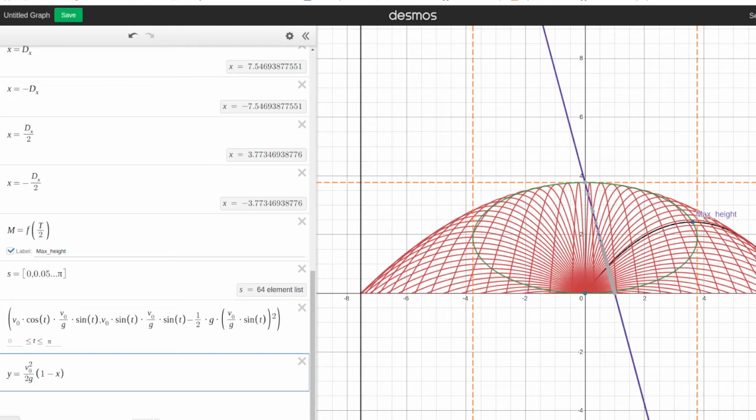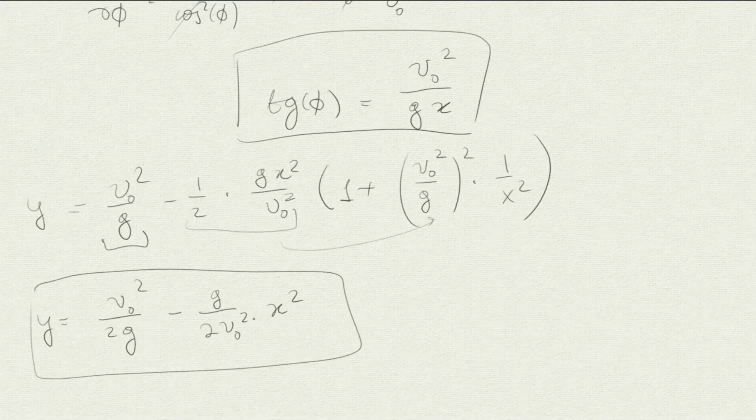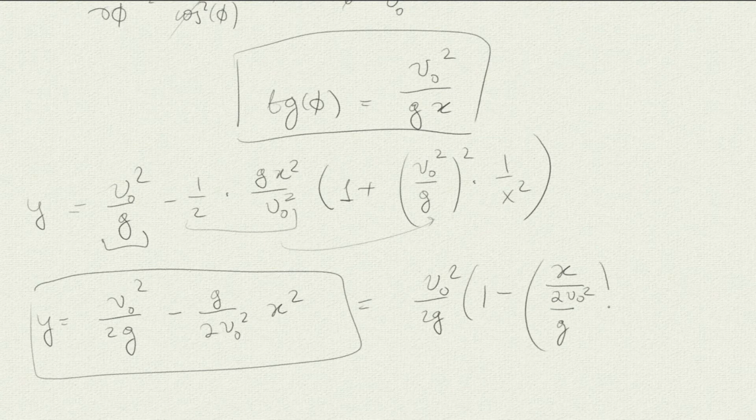So let's go quickly again and see. We can say here that when we take it out, this is going to be this squared. So this is v0 squared over 2g, and here it's going to be 1 minus x divided by 2 v0 squared over g, all of it squared.